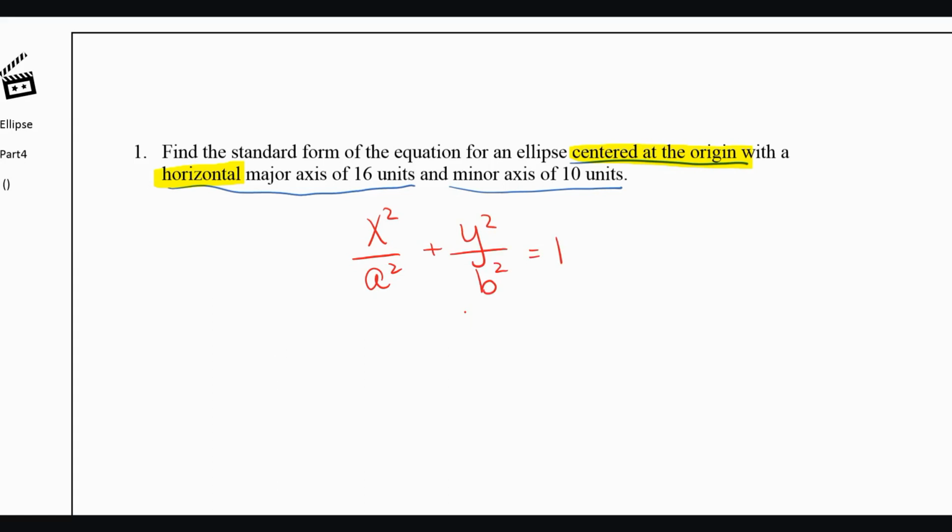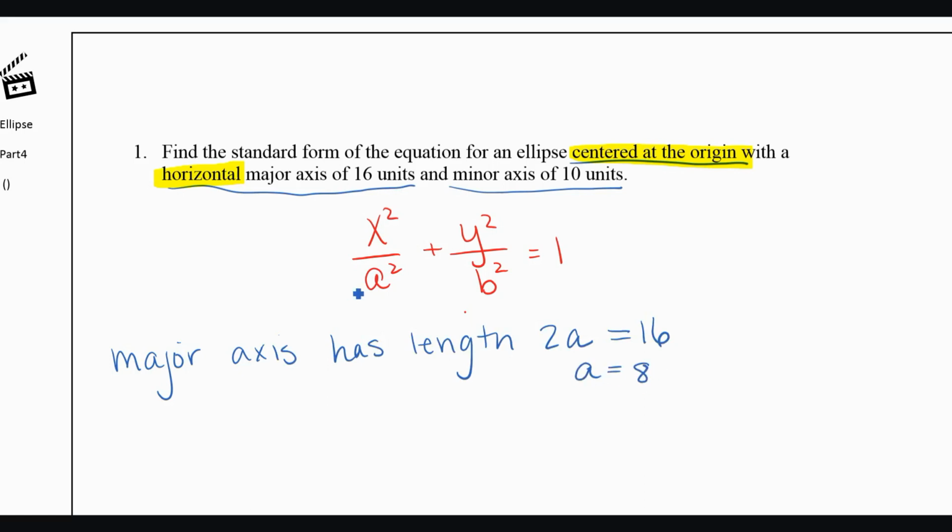Now remember that the major axis has length 2 times a. Well, we're told that that's 16. So we can then divide both sides by 2 and we get a equals 8. So right here, we're going to plug in 8 squared.